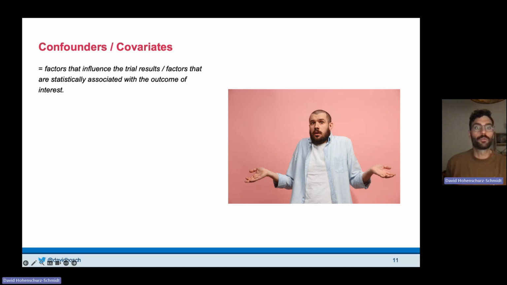Unsurprisingly, the variable sex may be statistically associated with that outcome of interest, so it might confound your results. If we want to study the prevalence of pelvic pain irrespective of the participant's sex, we might consider sex as a confounding variable that we want to control for in our experiment.